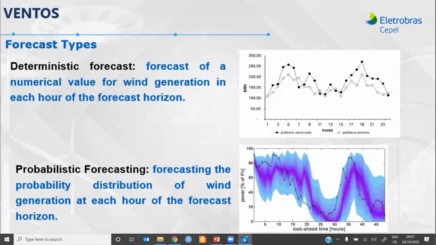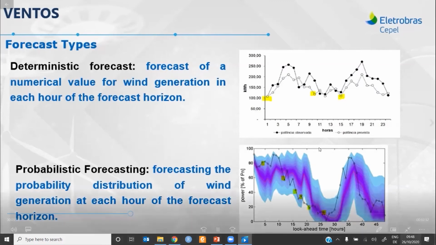So here we have an example of a point forecast, this is a single value forecast. And here we have an example of probability forecasting. I am estimating not only a point, but a distribution of my response variable.